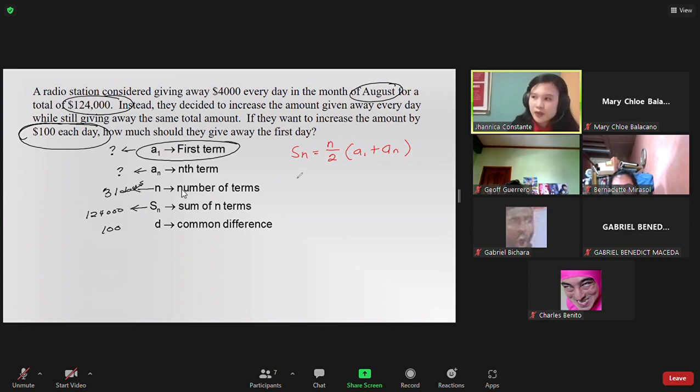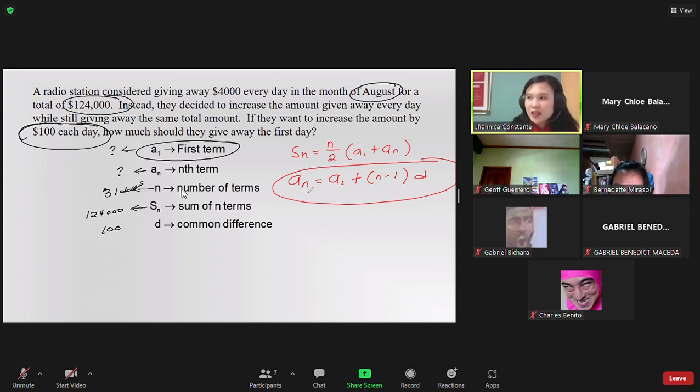And for the arithmetic sequence, we have the formula a sub 1 plus n minus 1 times d. We're going to use this formula to find the first term. But we don't have the value of an, so we need to solve first for the an.